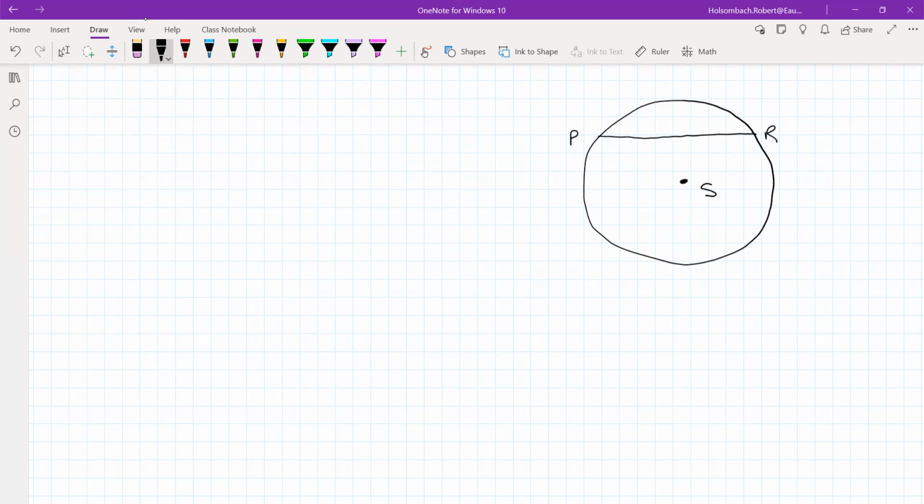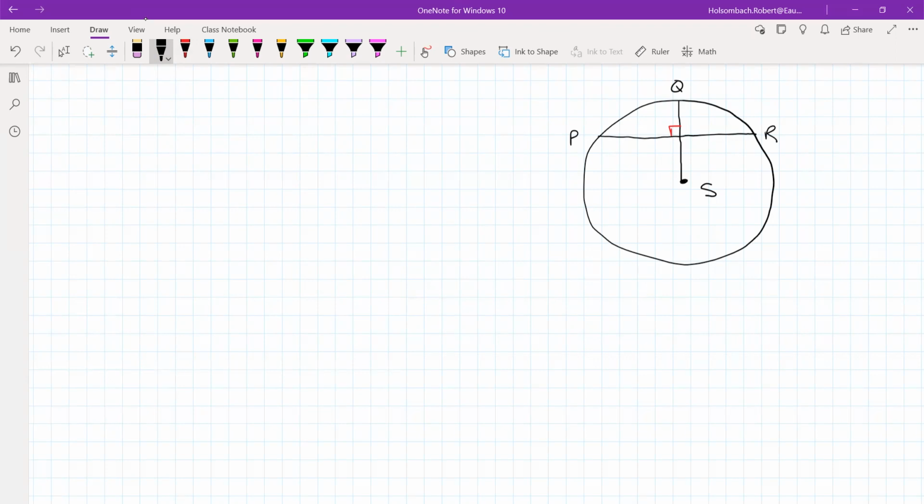We've got a segment QS. We're told that they intersect at 90 degrees. So if this chord is perpendicular to QS, what does that make QS? Good, it makes it a radius.